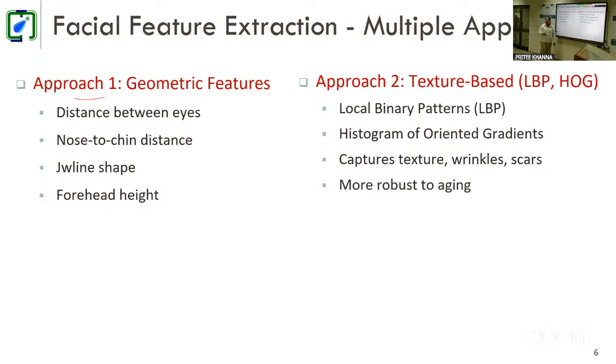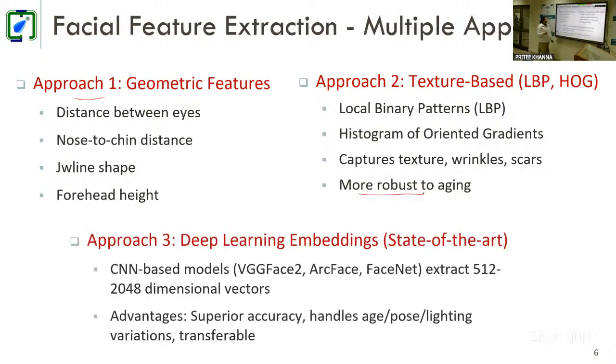Now we come to texture-based features. So local binary pattern, for a long time, these features have actually ruled pattern recognition applications. So local binary patterns, then histogram of oriented gradients, SIFT, SURF, all these. These features are found to be robust to aging also. But now the third approach, where the state of the art is, is deep learning embeddings.